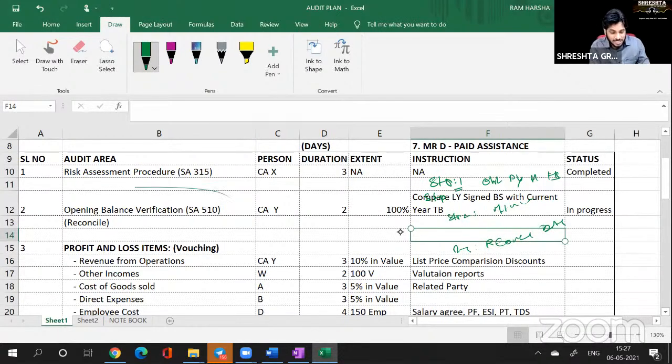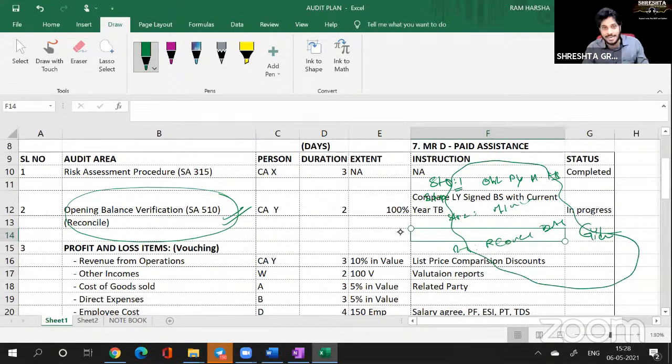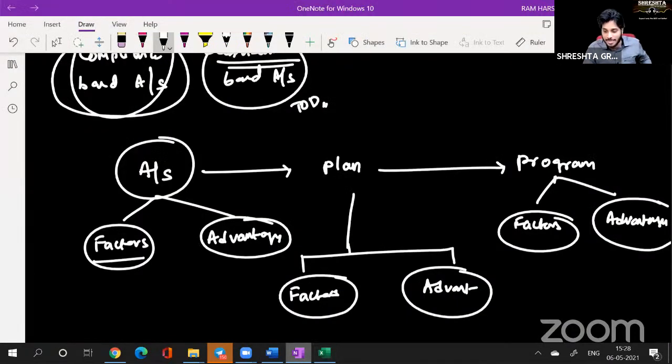Look at the terminology I'm using: in each area of audit that we planned, how to perform that work is a step-by-step process. If we are giving a complete set of instructions, a complete guide, that detailed instruction for each and every area on how to perform is called a program.